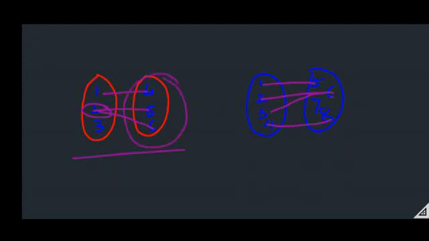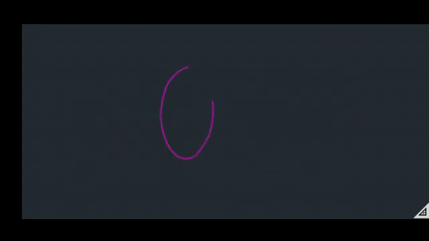In the first case, you could see this is not a function, because uniqueness of image is not followed here. In this case, this is a function because uniqueness of image is followed. Now, in this case, 4, 5, 6 all have pre-images, meaning they are mapped to something in the domain. If you see here, 7 is left alone.